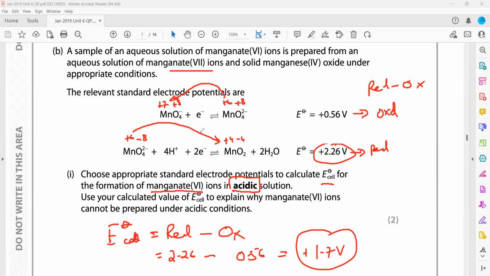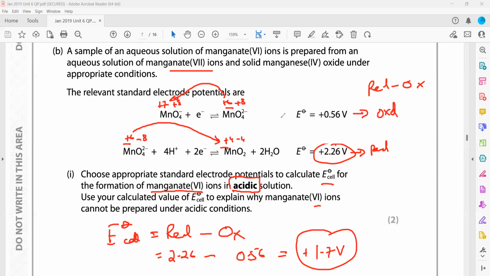So use the cell calculation to explain why manganate 6 ions cannot be prepared under acidic condition. Why can it not be prepared in acidic condition? Because the idea is that the one where reduction happens is always forward, but oxidation will be the reverse reaction. So when we work out the electrode potential, reduction minus oxidation, here +6 will turn into +4 and +6 will turn into +7.